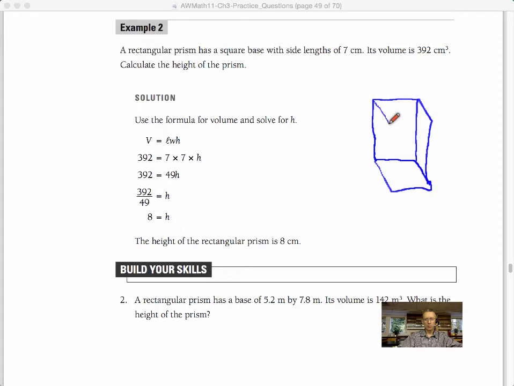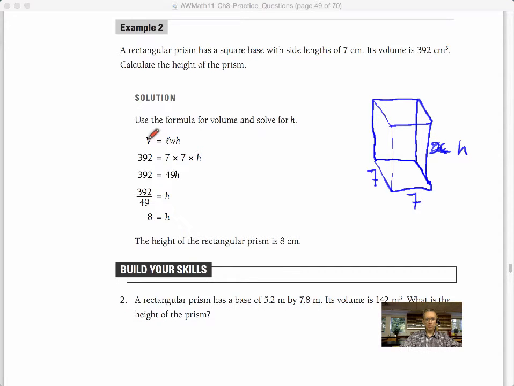Not very good at this, but there we go. Square base, and the side lengths are 7 by 7, by, we don't know what this is. I'm going to call it x, the height. Really, I guess we should call it h, because that's what they call it here.